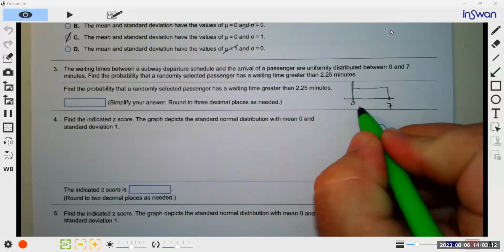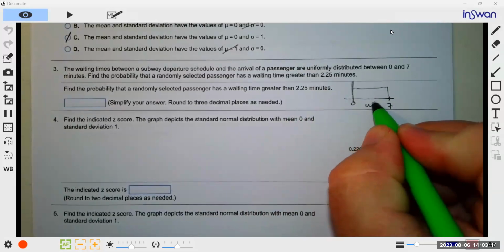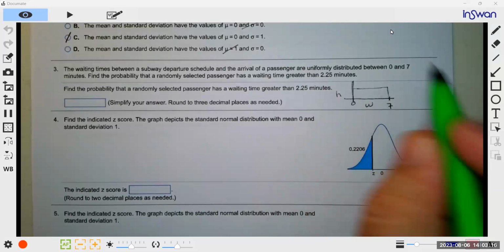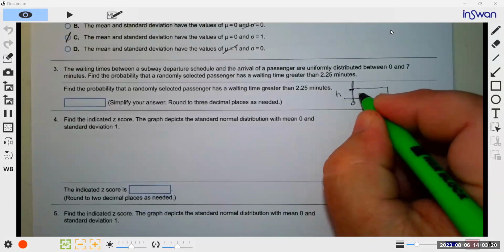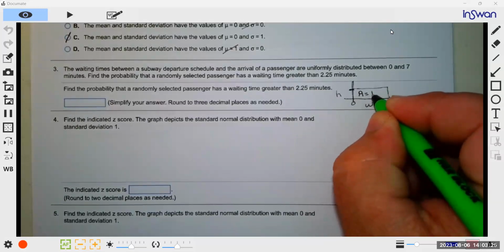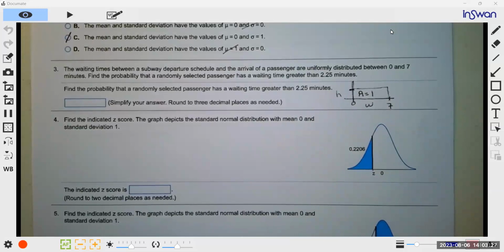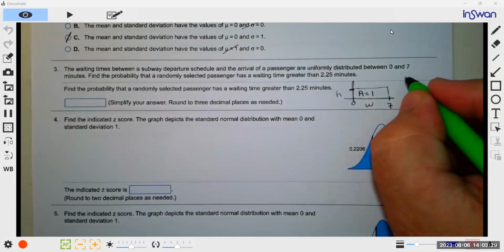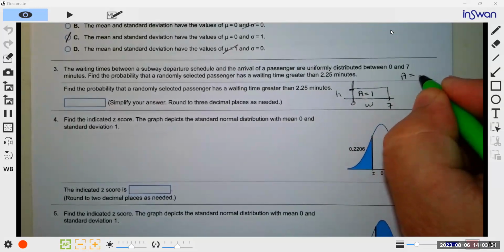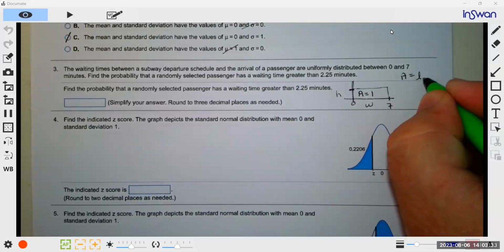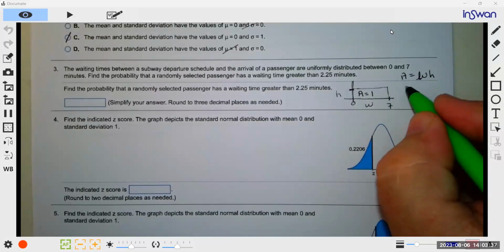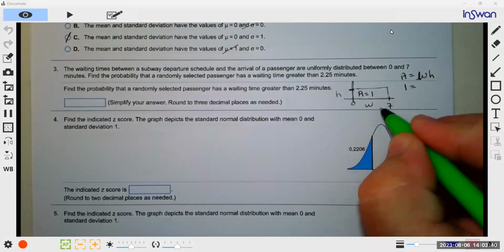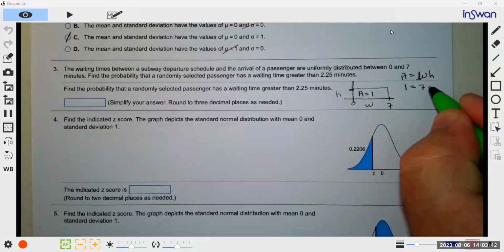So this is the width, and this is the height. We have to figure out, first off, what is the height? The area of this rectangle has to equal 1. So the area formula is width times height. If the area is 1 and the width is 7, what's the height?